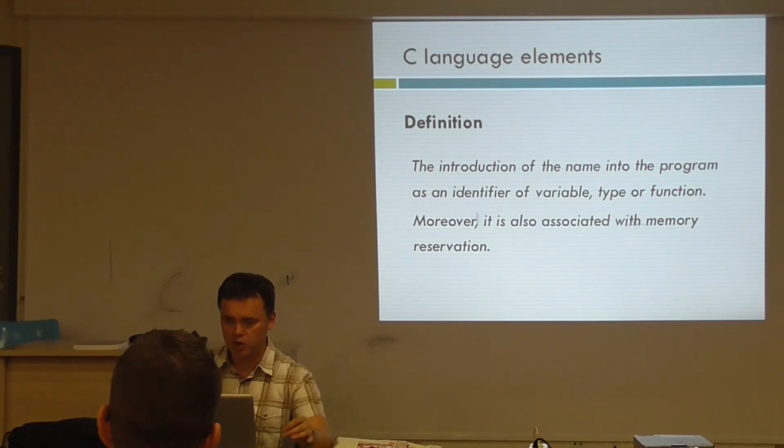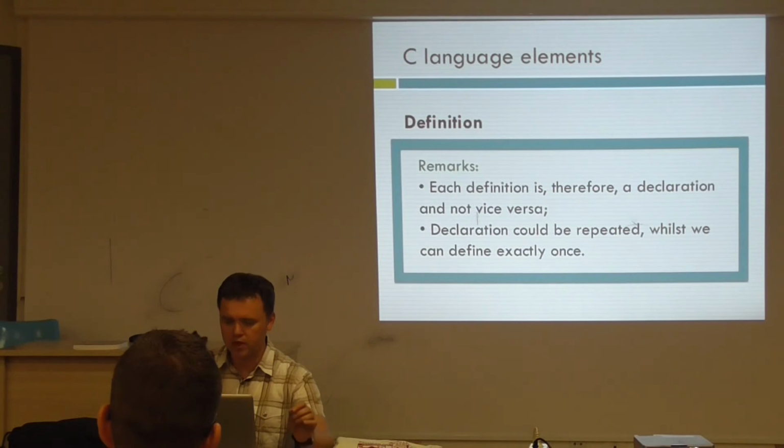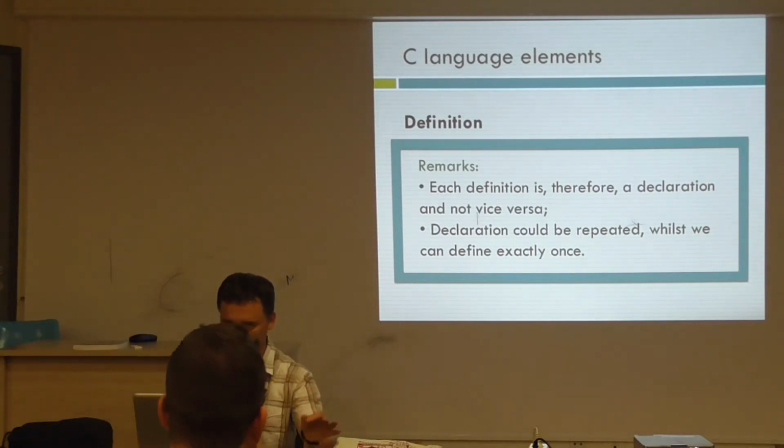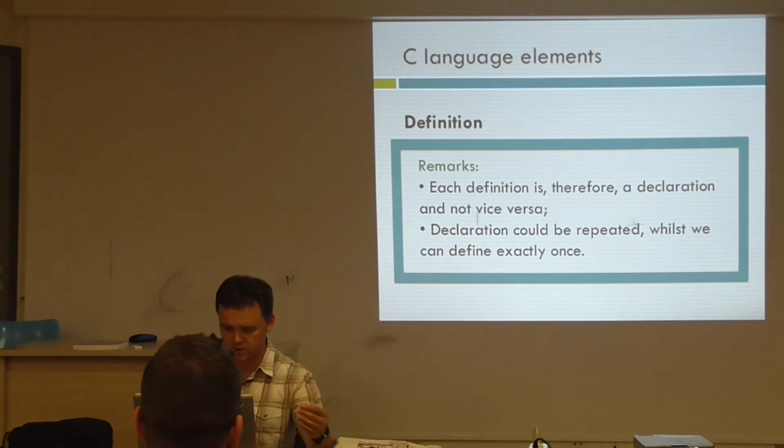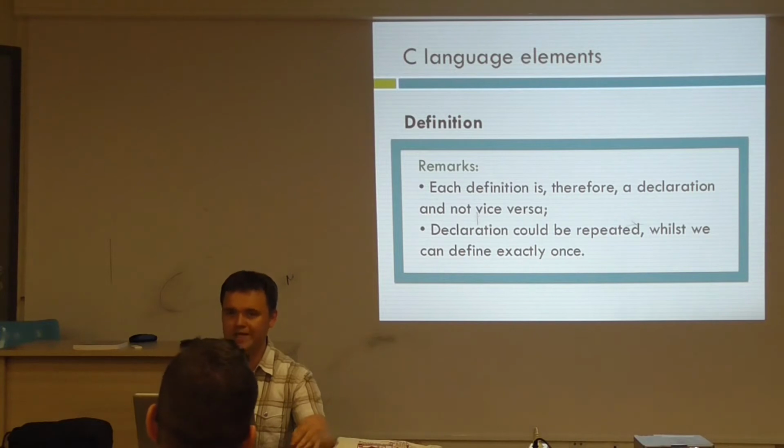Okay? According to this, we can know that definition is therefore a declaration, but not vice versa. So every definition is also a declaration, but not every declaration could be a definition. We can also know that we can declare an identifier many times, but definition could be done only once.